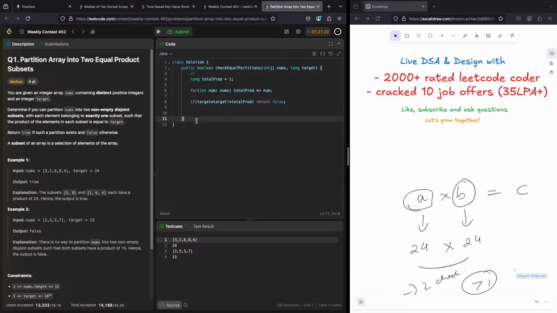I think it is backtracking only. Feels like backtracking.